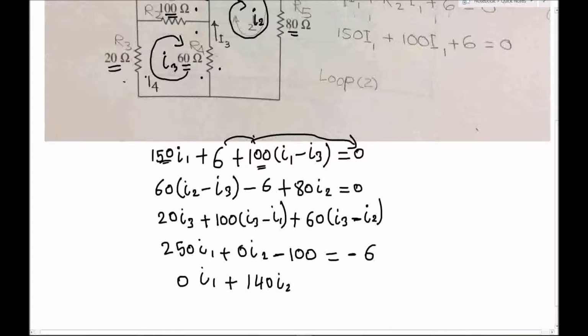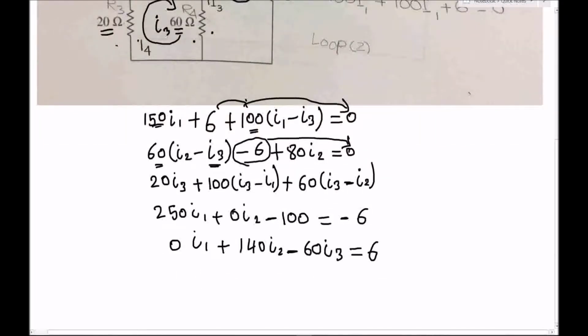I3 كم؟ minus 60 I3 equals نفس الفكرة. هذه الماينس 6 هنوديها الجهة الثانية بعكس الإشارة، هتكون equal 6.